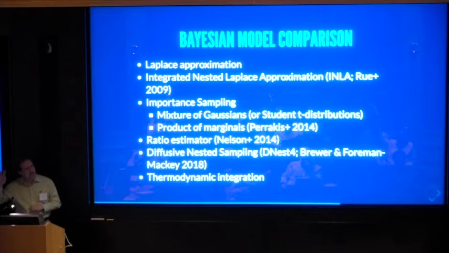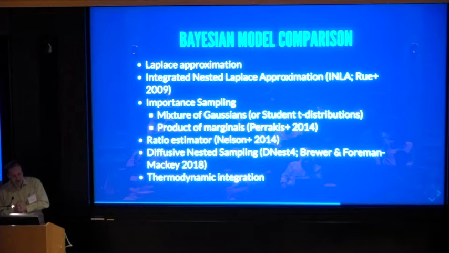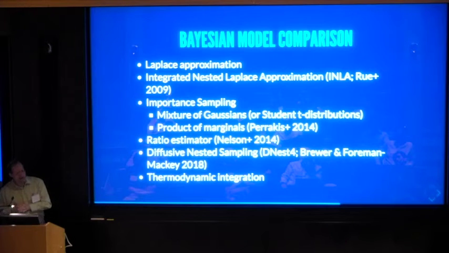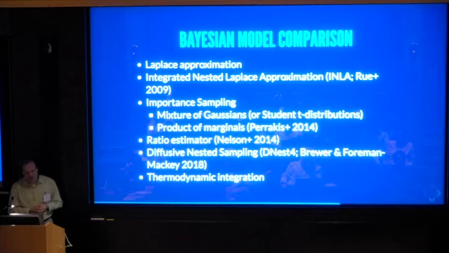There's a hybrid importance sampling MCMC scheme that was developed at SAMC a while ago, and I think Ben Nelson's paper on Rho Cancri is the best description of that in an astronomical setting. I was pleased to see the diffusive nested sampling from Brewer and Ford and Mackey. It looks to me like it has much better theoretical behavior than the standard nested sampling that you see in MultiNest.